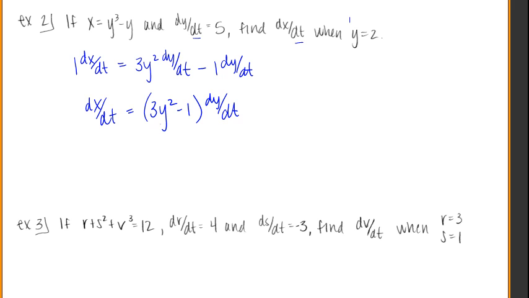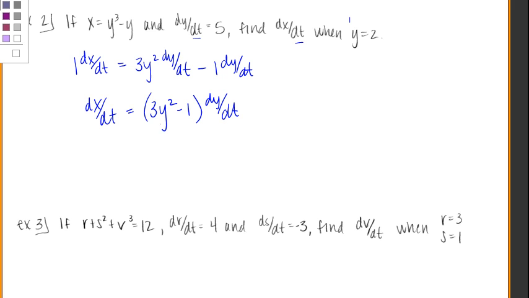In this problem, if they asked us just to find the relationship between dx dt and dy dt, this would be it. But further, to go on to the next step of what we're going to be seeing in these word problems, we go back to some given information. It's saying the change in y is going to be 5 when y equals 2, so we want to find dx dt.